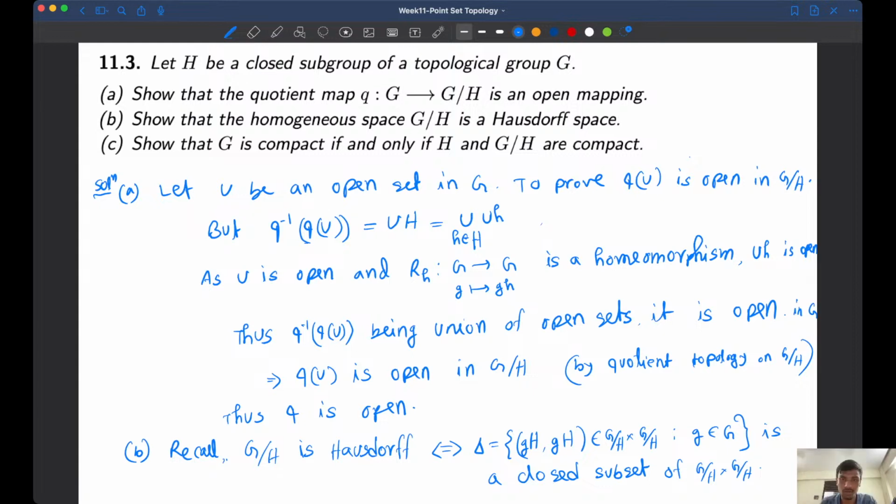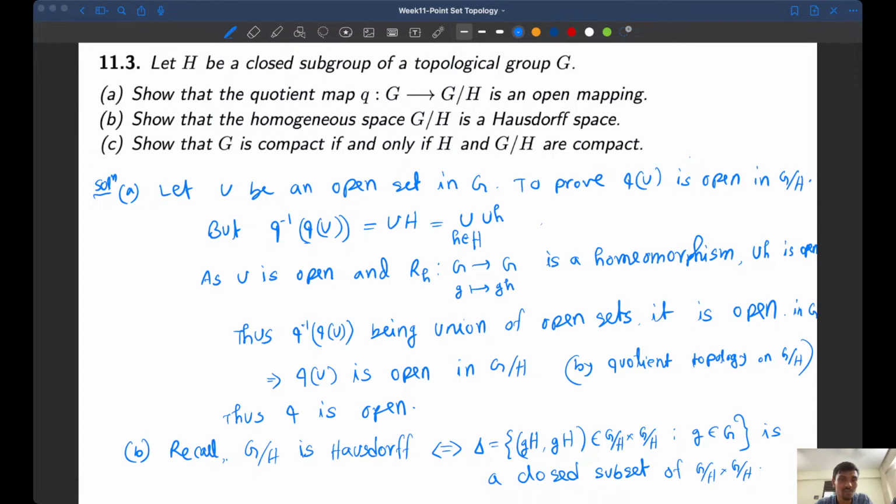Okay, so now can anyone see why this delta is a closed subset in this particular case? At least any idea how to proceed?